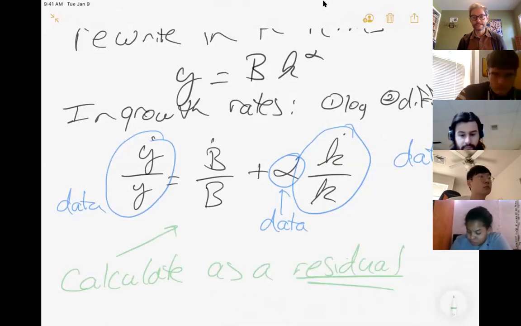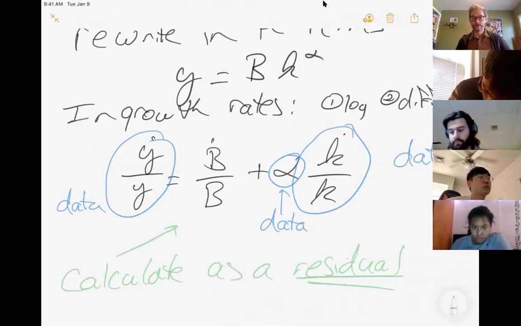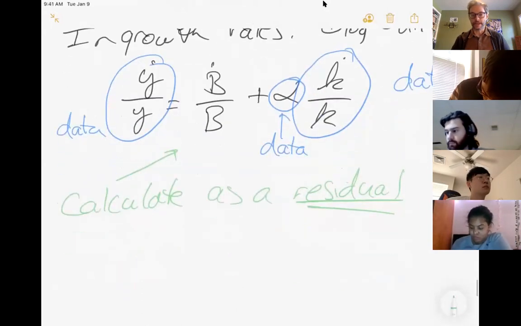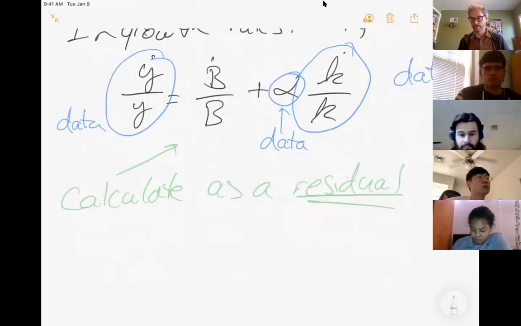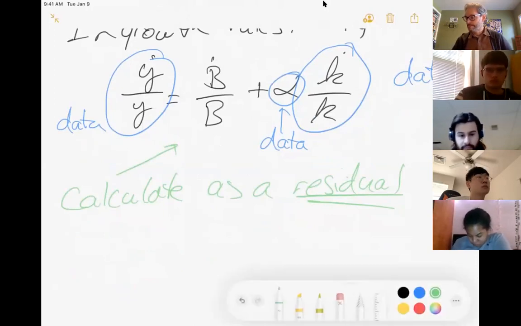We can calculate this as a residual, meaning if I take y and I subtract out alpha times k dot k, what's left over is total factor productivity. That's the reason why it's sometimes known as the Solow residual, right? It's the Solow residual. Let's be clear here.